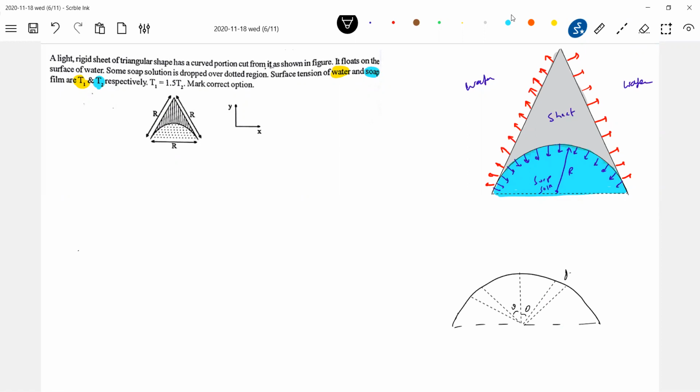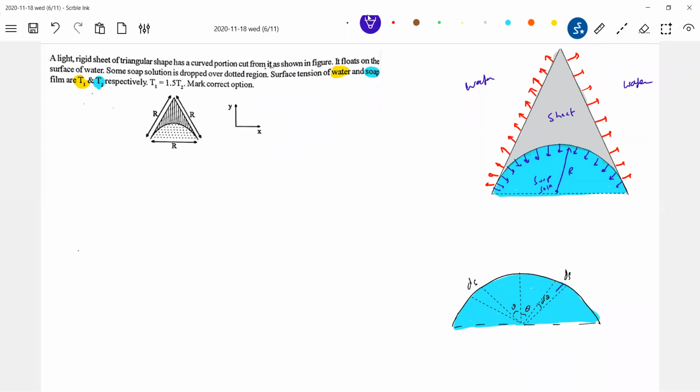So let me take this small surface ds, which will subtend an angle d theta. Here the soap solution is present, so it will exert force according to those arrows. Violet or dark blue color arrows is what I'm showing. Now, in what direction will the net force by the soap solution on the sheet, on this curved surface, be? That's what we are trying to learn. Fine.